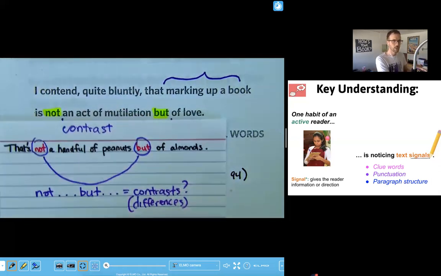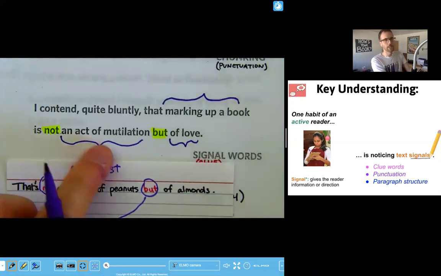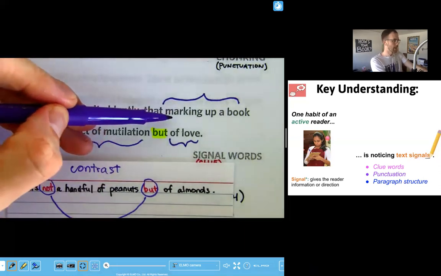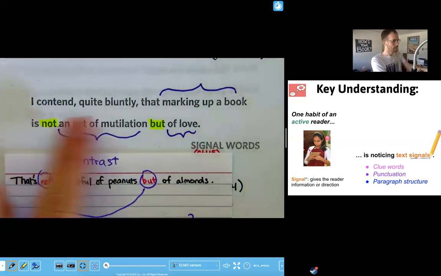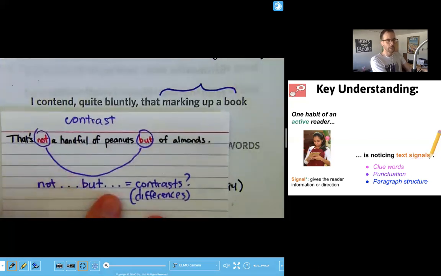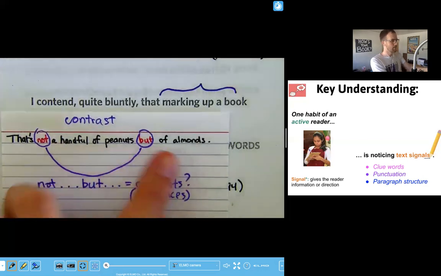Well, it just so happens that I don't know what the word mutilation means. I know that we're talking about marking up a book, and I do know the word love. So let me go ahead and use the signal words as a clue that I might be thinking about two things that are different. It's not this, but it's that instead.